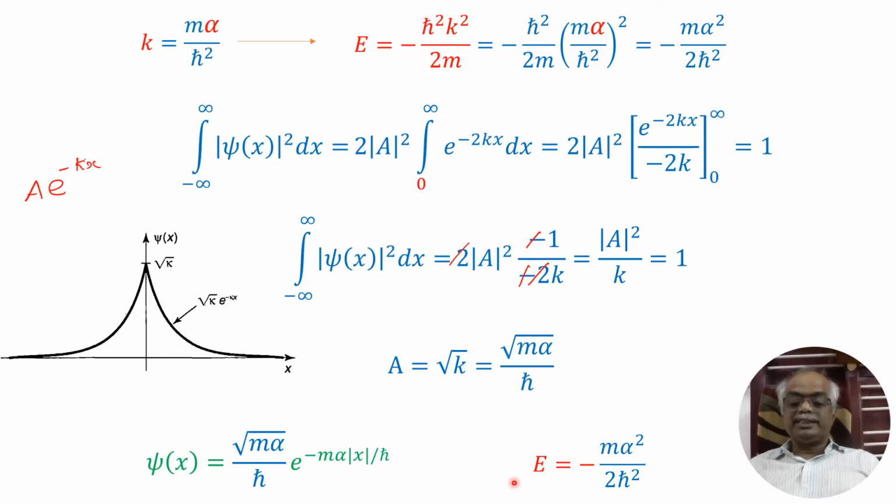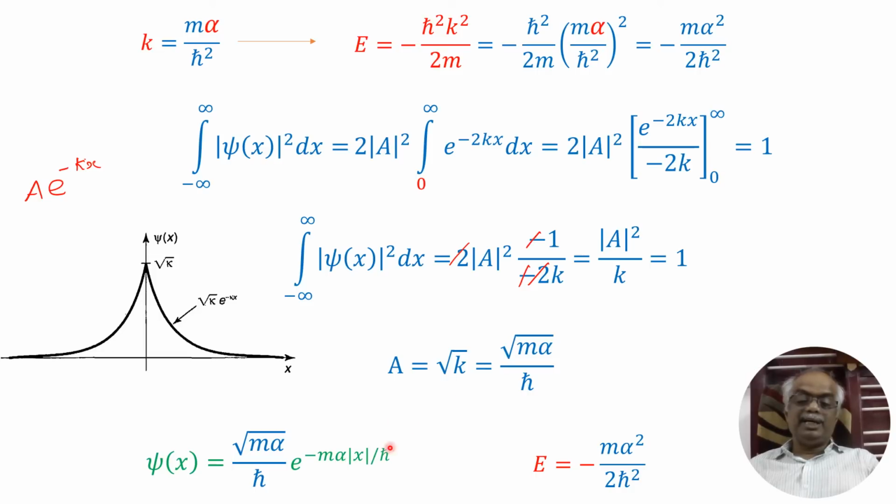So as I said, the energy level is one. You have only one energy state, that is E is equal to minus m alpha squared over 2h cross squared, and the wave function with the normalization constant is square root of k into e power minus k modulus x.